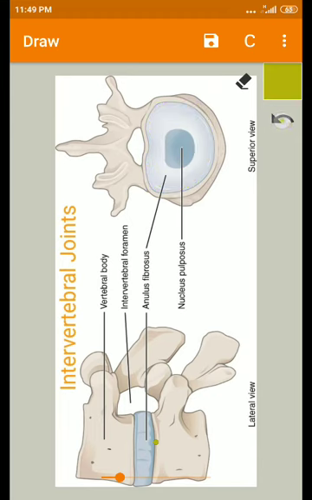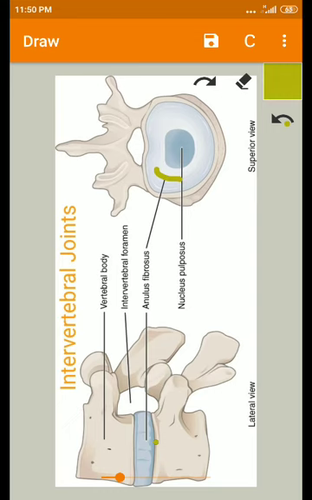The fibers form laminae that are arranged in the form of incomplete rings. Some fibers are arranged like this and some fibers like this, normally making about a 120 degree angle. No complete rings are present in this intervertebral disc, and these rings are connected by strong fibrous bands.